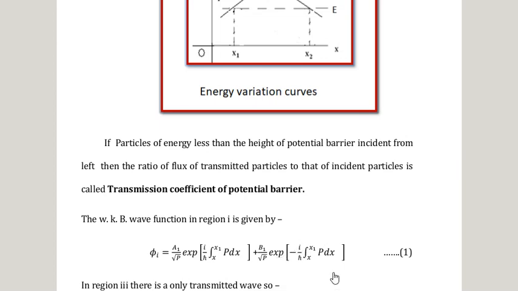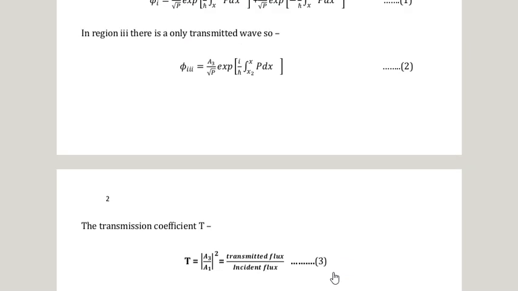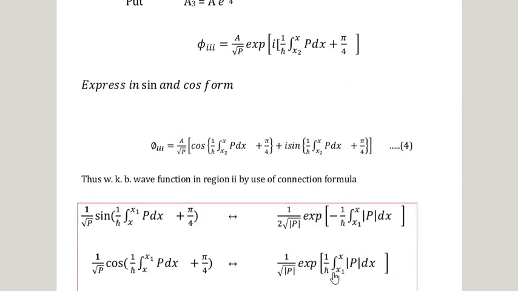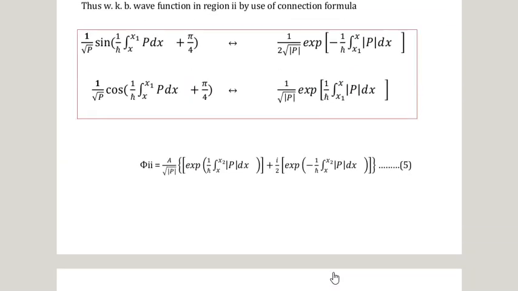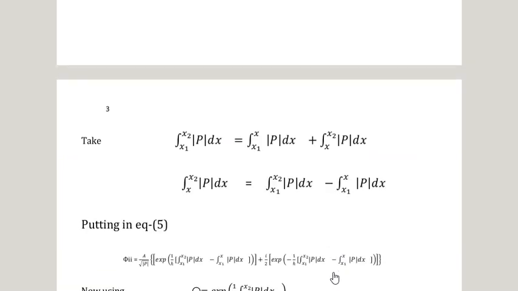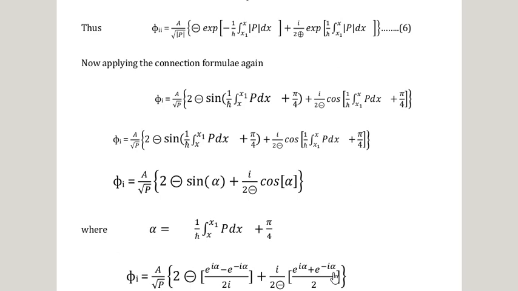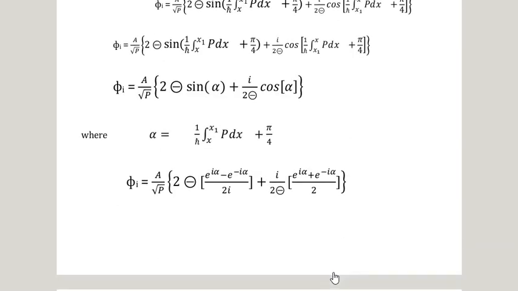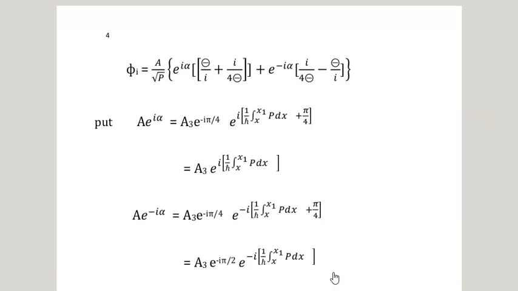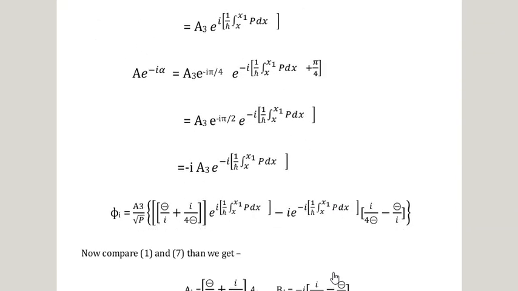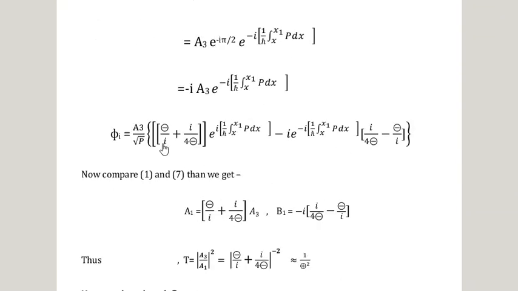By using the connection formula you have calculated the wave function in the first region with the help of the wave function in the third region, by use of the WKB approximation, this equation.